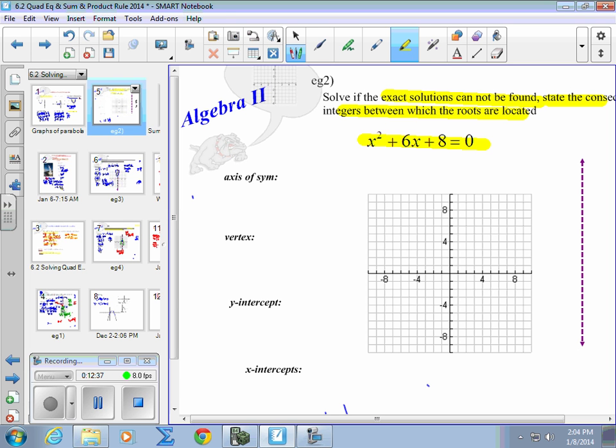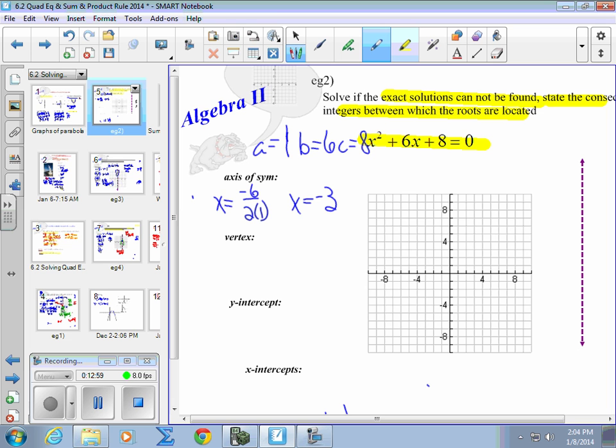We'll talk about what that means in a minute. So we know that a is equal to 1, b is equal to 6, and c is equal to 8. So we have x equal to negative 6 over 2 times 1, so x is equal to negative 3.